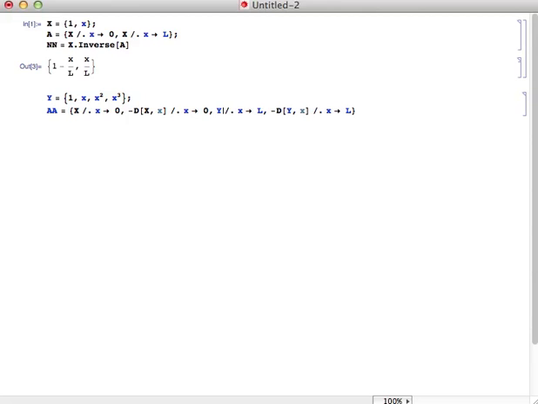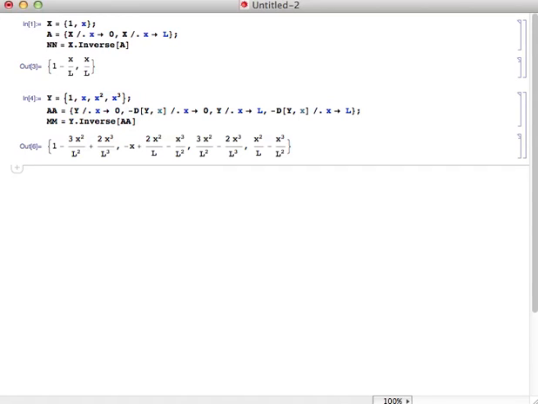So I just used Y instead of X here. Alright, so those same shape functions we developed many times.